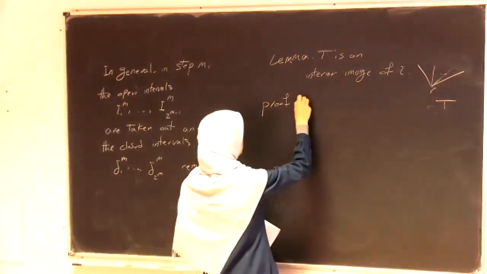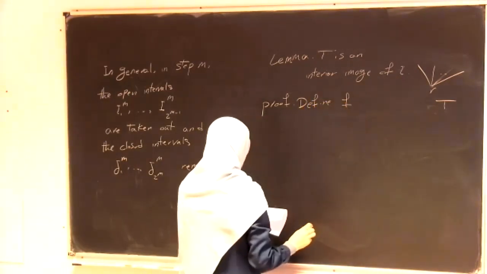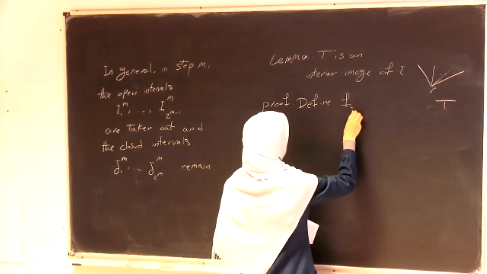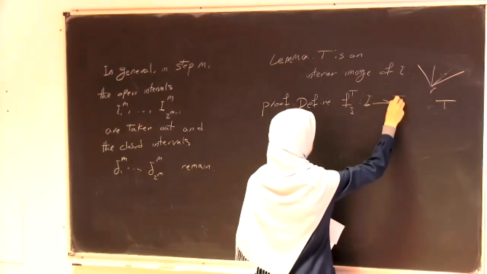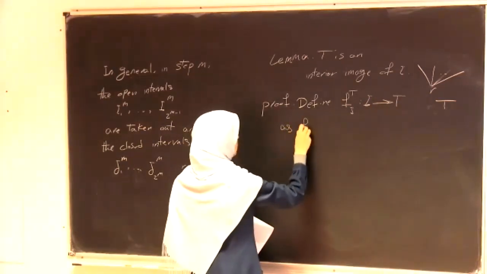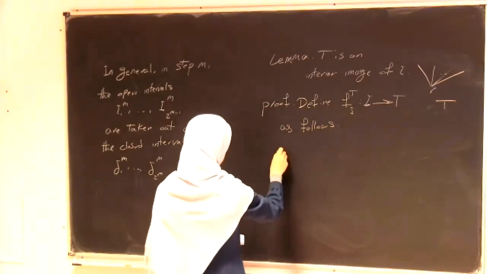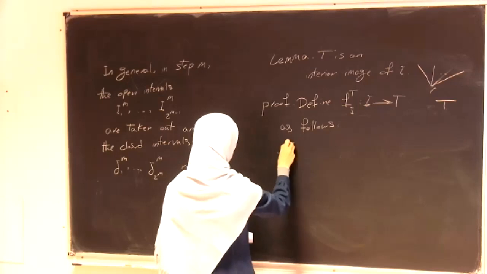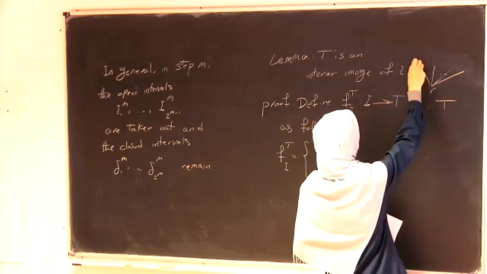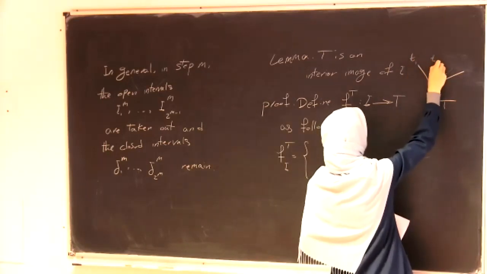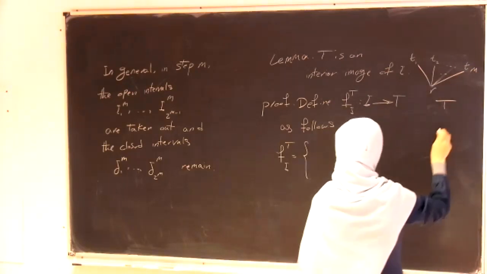We define a function, which we call f_{I,T}, from I to T as follows. Let's call these points t1, t2 to tn.